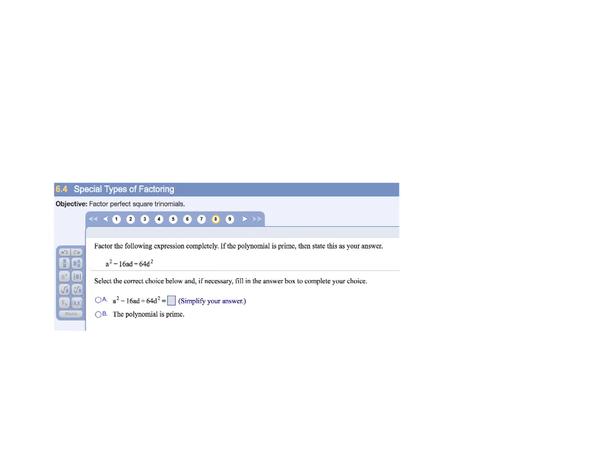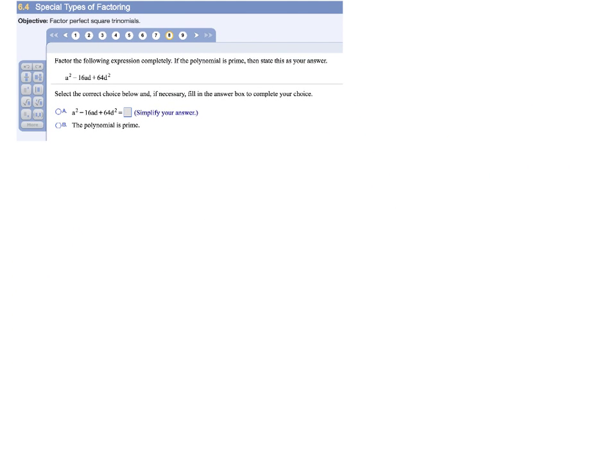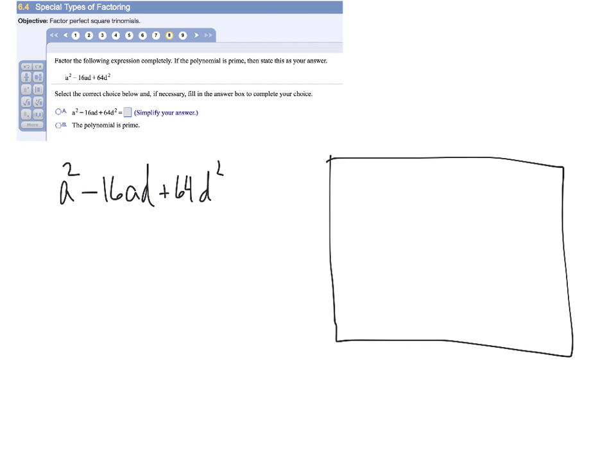And then here you've got a squared minus 16ad plus 64d squared. So we're going to start with our box. And we know that a squared goes here and 64d squared goes there.